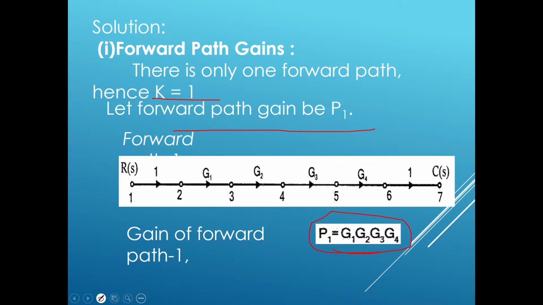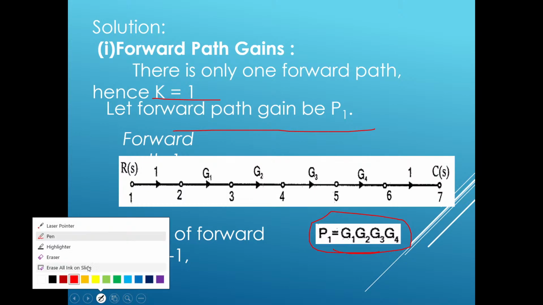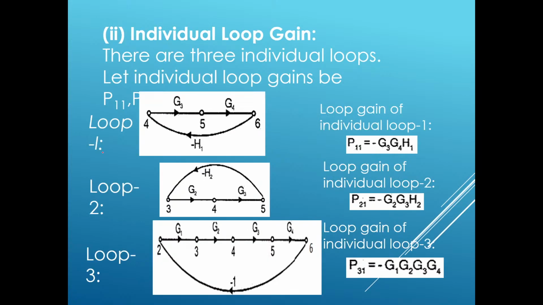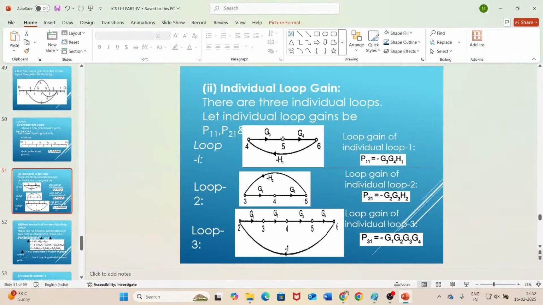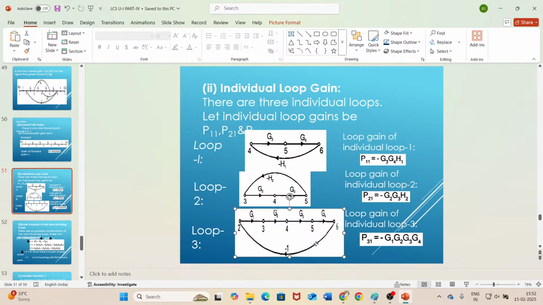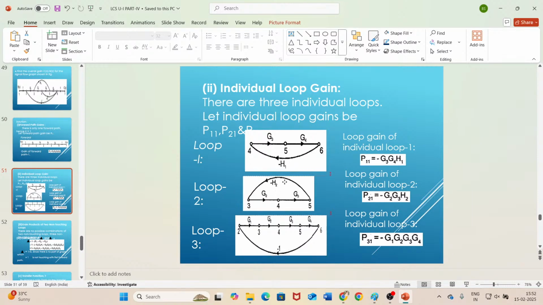Okay, so I hope we have understood. Next, let us see the individual loop gains. First of all, we must be able to identify the number of loops.